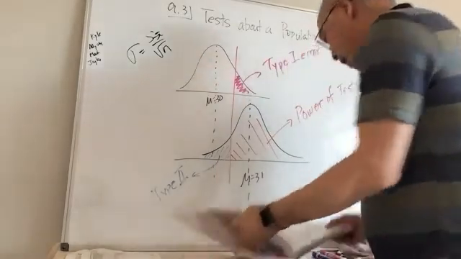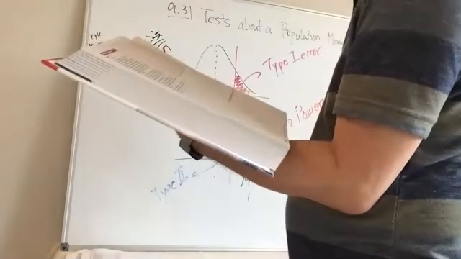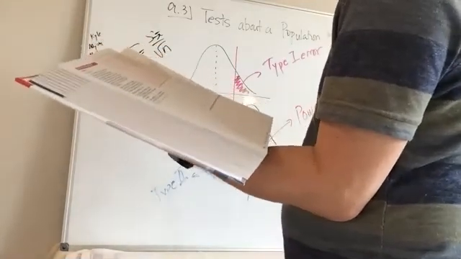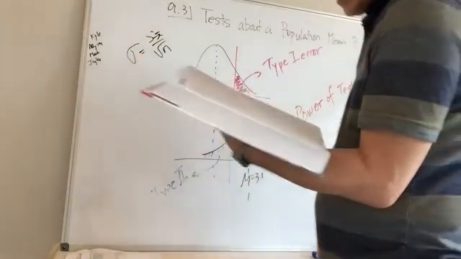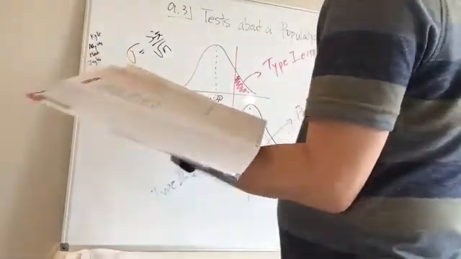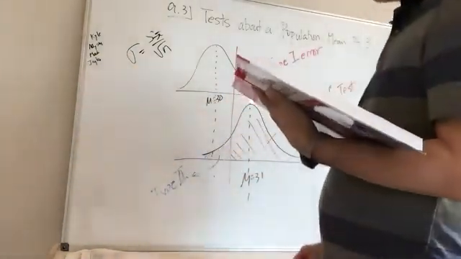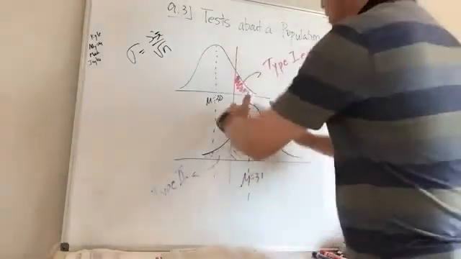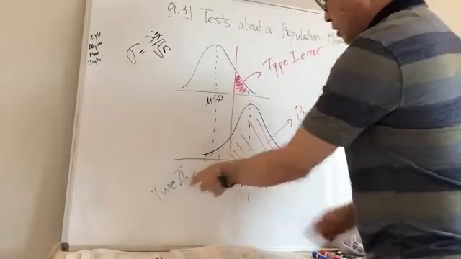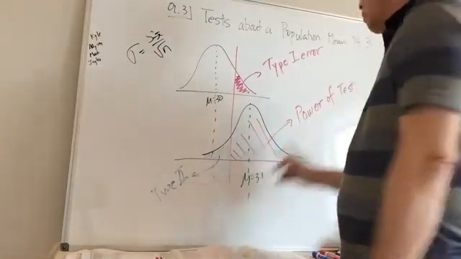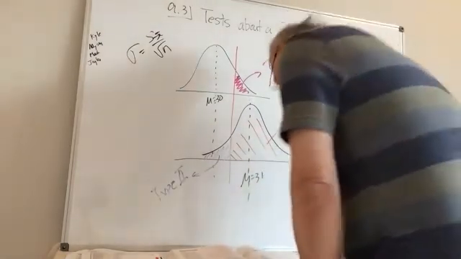The power of a significance test to detect an alternative value of the parameter when the H0 is false and the Ha is true, based on a random sample size n and the significance level alpha, will be larger when the n becomes larger because you're attenuating them. It becomes sharper up here, so you have less tails. So the type 2 error becomes smaller, the power of the test becomes larger. That was the first one.